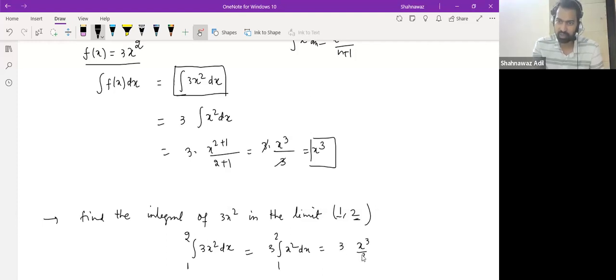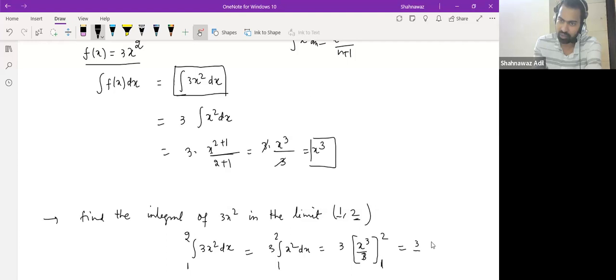Now there is the change that it involves. For the definite integral, we put the limits. So we have 2 and 1, right? And 3 is constant, so we take it outside.